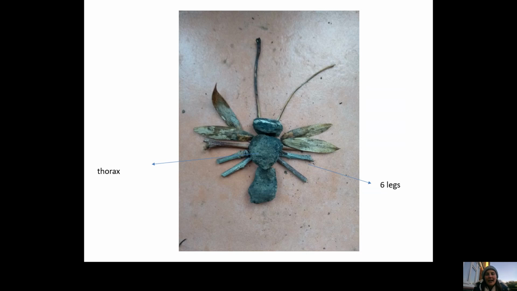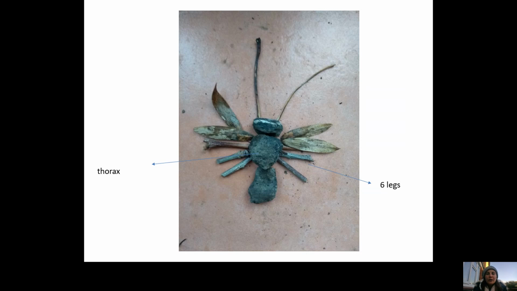This is my butterfly, and I have made its body out of 3 stones, because remember, an insect's body's got 3 parts. It's got the head, it's got the thorax, and it's got the abdomen. Then I've made 6 legs. I don't know if you can see them. One of them's hiding under a wing, but I've got 6 legs made out of twigs.